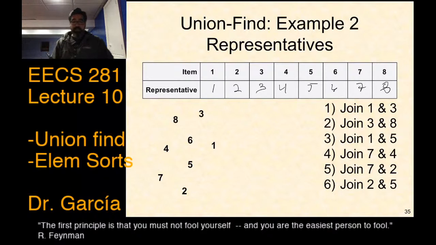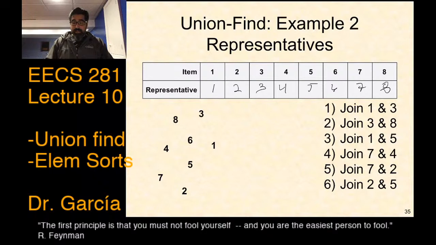So right now, if I were to check, are 2 and 3 in the same set? I would query the representative of 2 to see that it's its own representative, which means it's its own single-element disjoint set. And then I would do the same with 3, and compare that the representative for 2 is 2 and the representative for 3 is 3. They're different representatives, so therefore they're not in the same set.